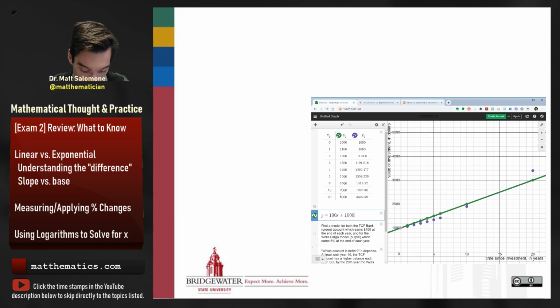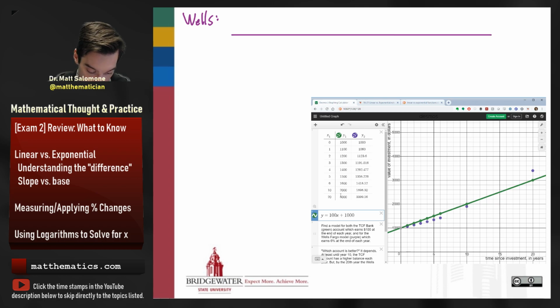So for the Wells Fargo account, let's put in our data table once again. And again, I'm just going to put in the first few data points. All we really need to convince ourselves of the fidelity of this data is we really only need 3 data points. 3 data points are enough to determine whether something does lie along the same straight line or along the same exponential curve that has 2 parameters for the exponential function.